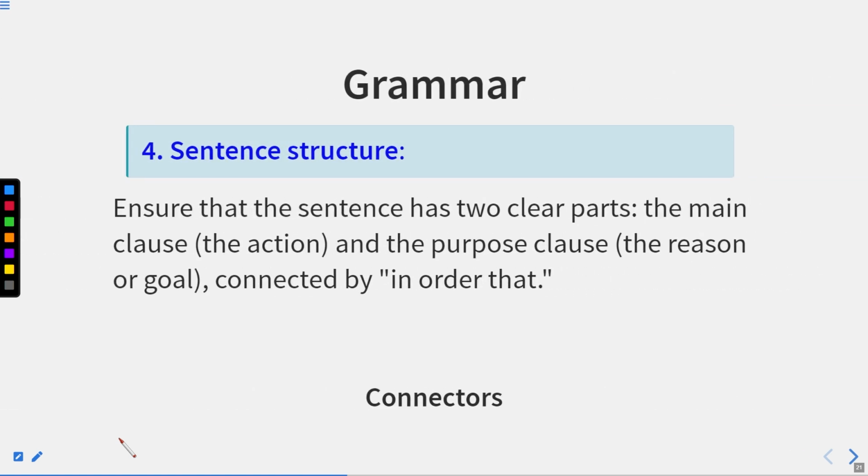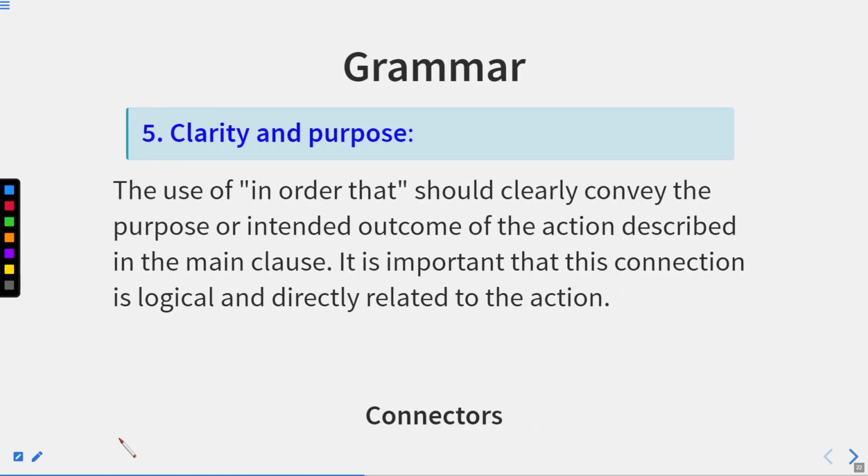Sentence structure: ensure that the sentence has two clear parts. The main clause, that is the action, and the purpose clause, that is the reason or goal, connected by in order that. Clarity and purpose: the use of in order that should clearly convey the purpose or intended outcome of the action described in the main clause. It is important that this connection is logical and directly related to the action.